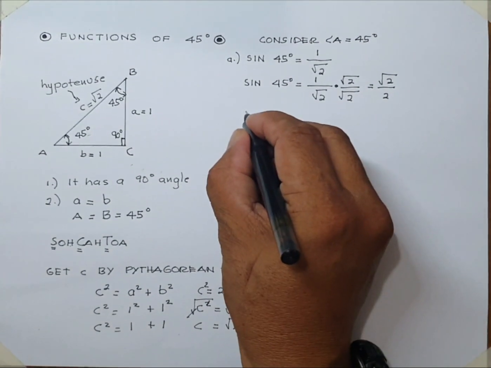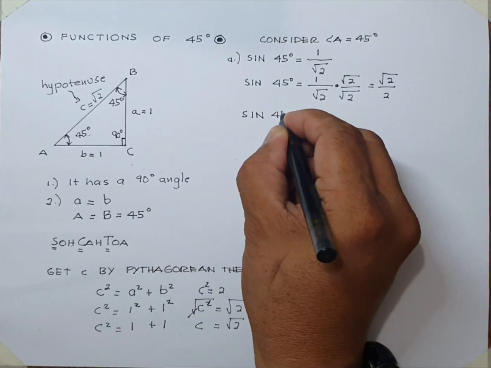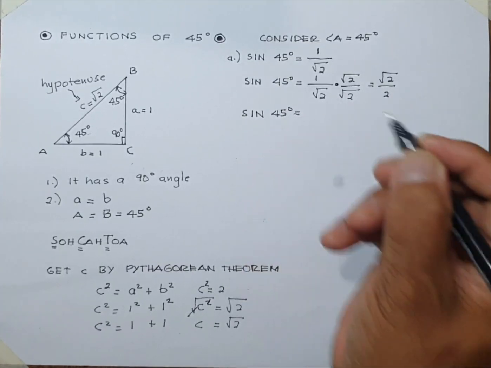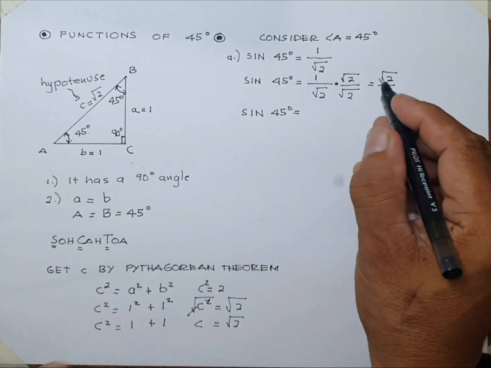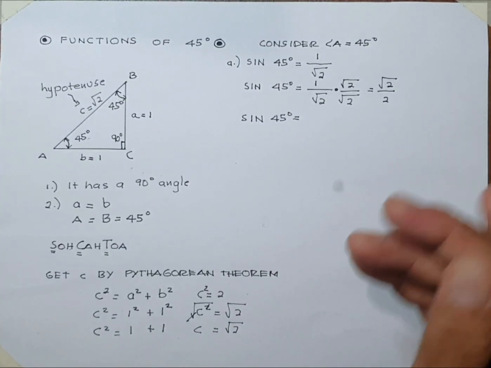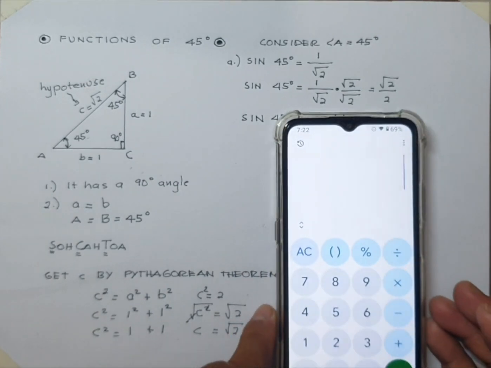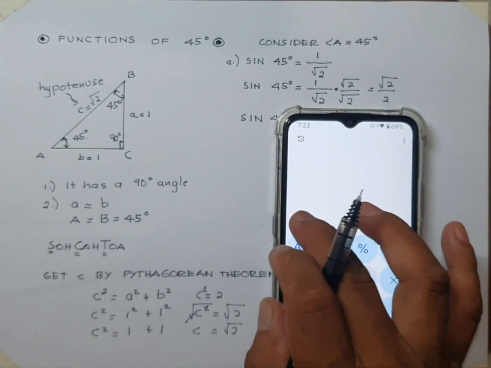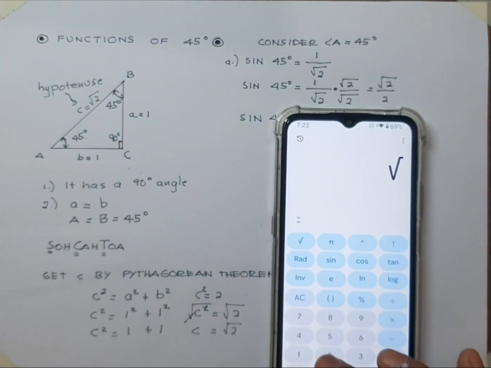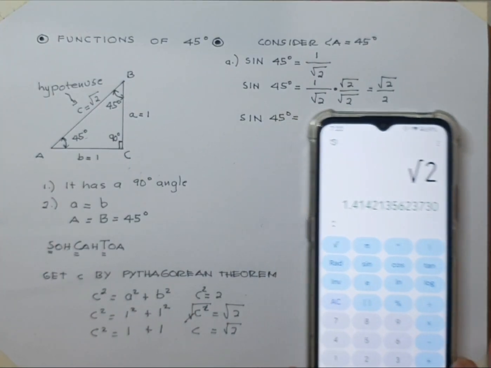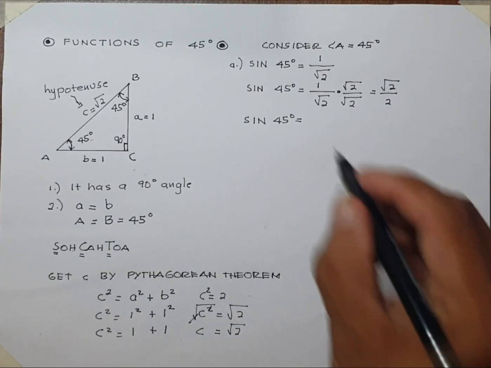Or we can use our calculator to get the sine of 45 degrees. So what is the square root of 2? So this is our calculator. Okay, that is equal to 1.414.